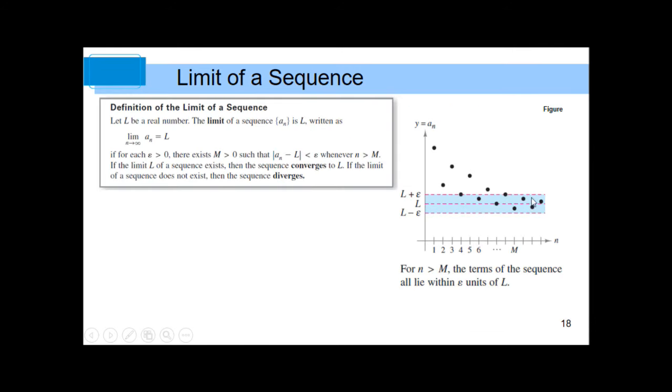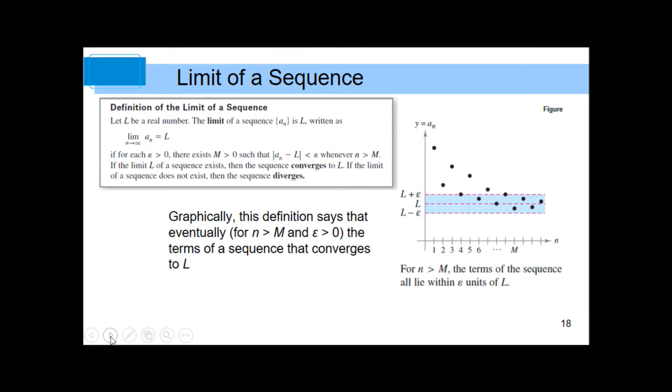When I said we could get as close as we wanted, 1/1,000,000th or 1/1,000,000,000th away from 0, that's the epsilon we're talking about, the distance away from L. We can pick any tiny epsilon, and eventually, at some point in the sequence, all the terms end up within that band of blue.